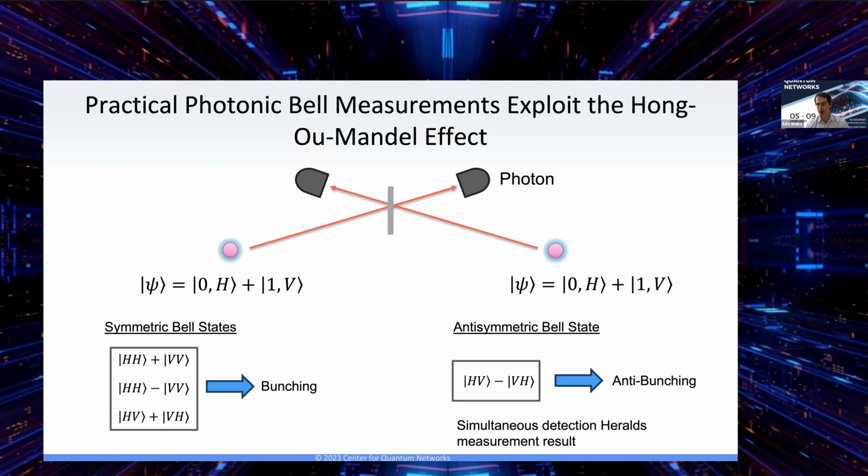But if the polarizations are different, in other words, if this polarization was V and this polarization was H, then you will potentially get some simultaneous clicks.